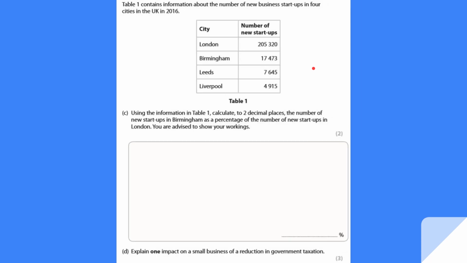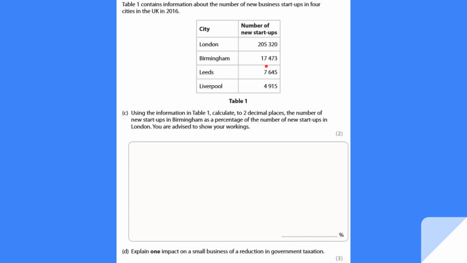Next one. What do we got next? Table 1 contains information about the number of new business startups. Using the table, calculate to 2 decimal places the number of new startups in Birmingham as a percentage of the number of new startups in London. We've got Birmingham here, and London here.